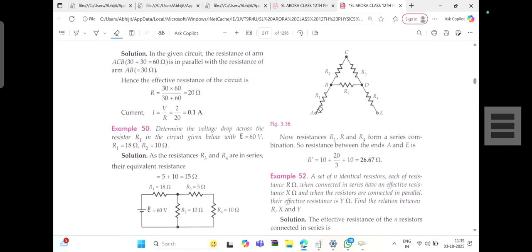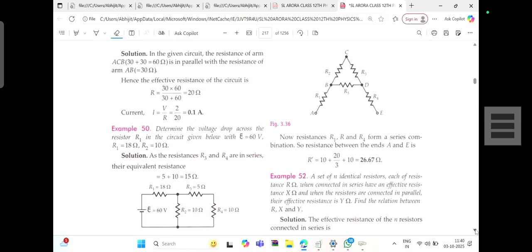I2 flows through both of these, so that is a series combination. 10 ohm plus 10 ohm equals 20 ohm. This 20 ohm is directly in parallel with this 10 ohm, so 20 and 10 gives 20 by 3 ohm. The equivalent resistance of this part is 20 by 3 ohm.